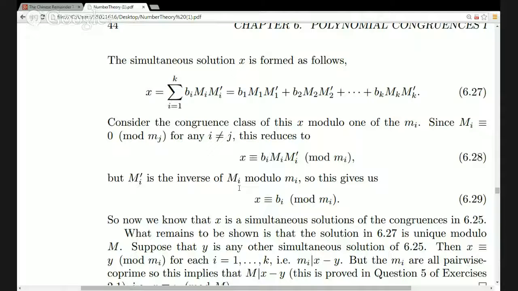So this number x, in the way it's constructed, is congruent to 2 modulo 3. Because these two are congruent to 0 because they were set up to have a 3 in them. And these two numbers were set up to be inverses of each other modulo 3. So they cancel out, they give 1, so you're just left with 2 modulo 3.